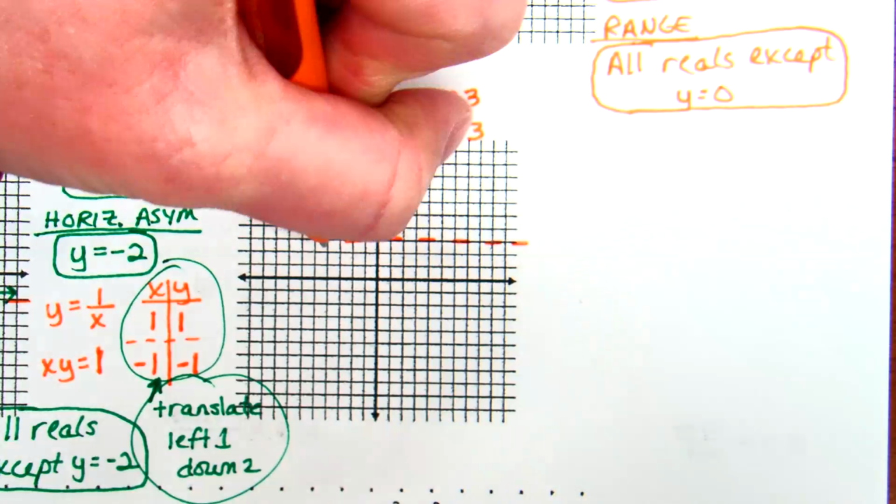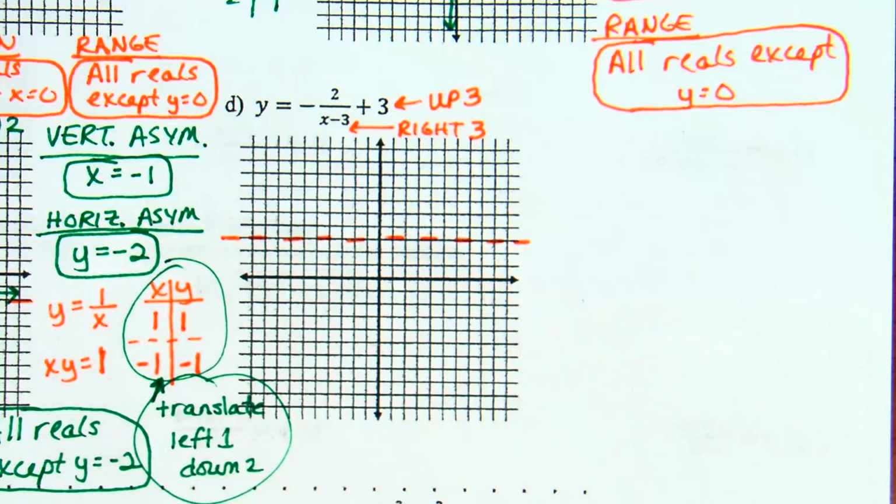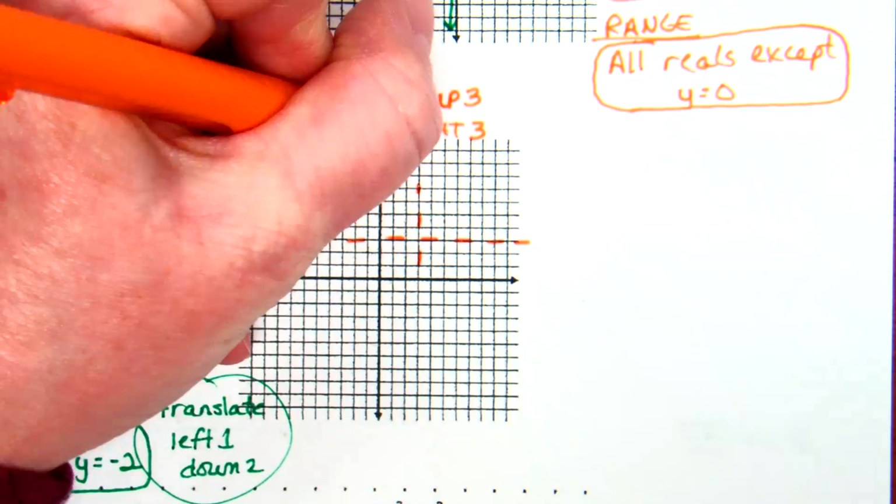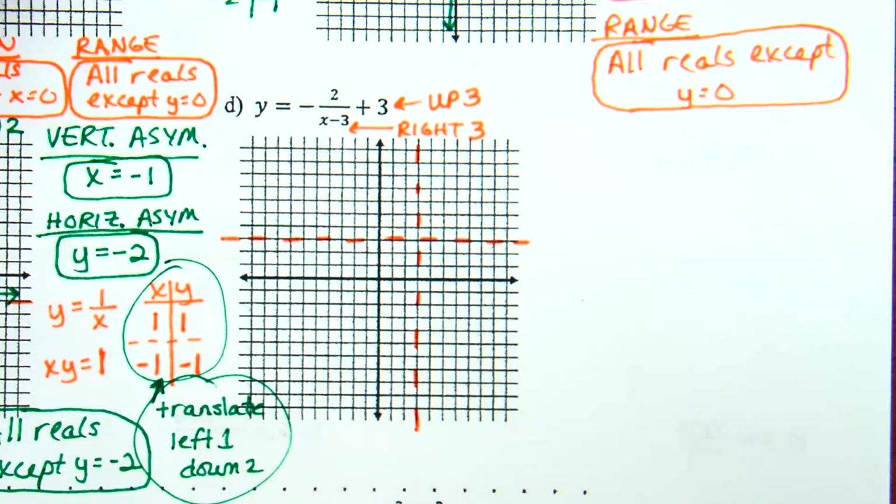Right 3. Take that vertical asymptote and move it right 3. So now we've got our new centering point.